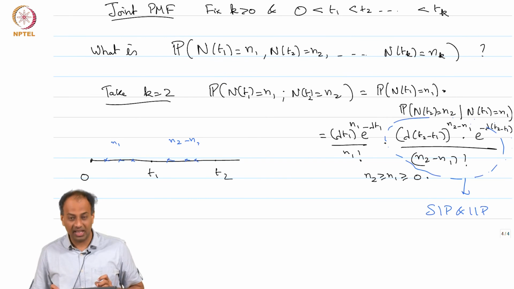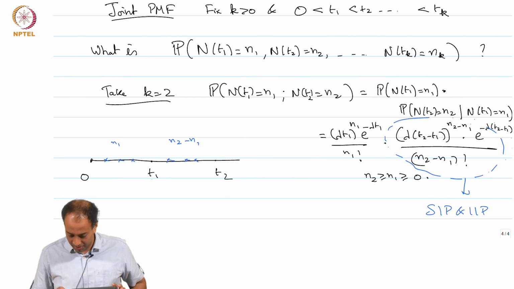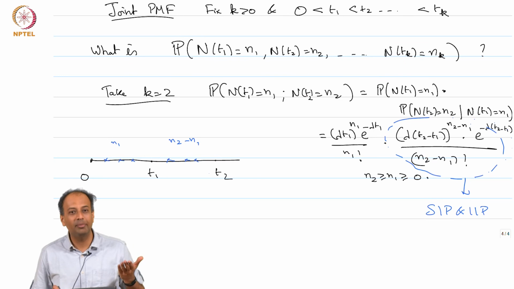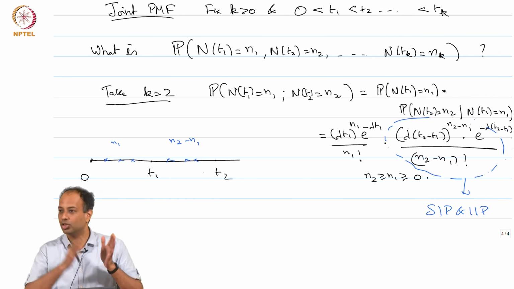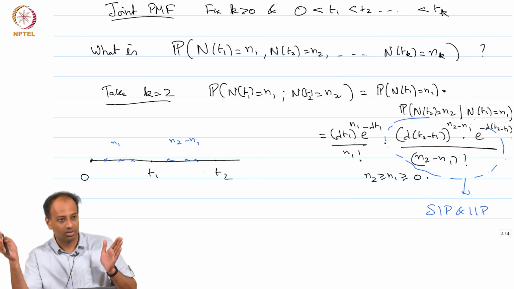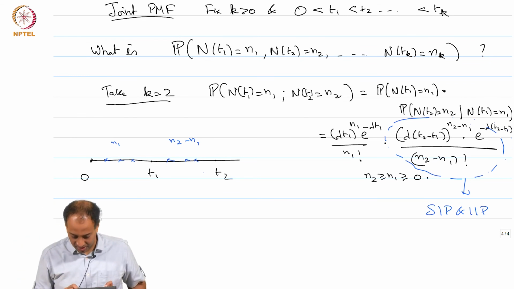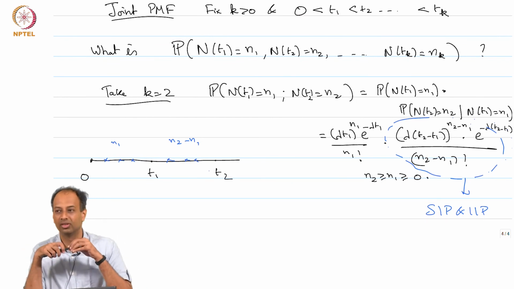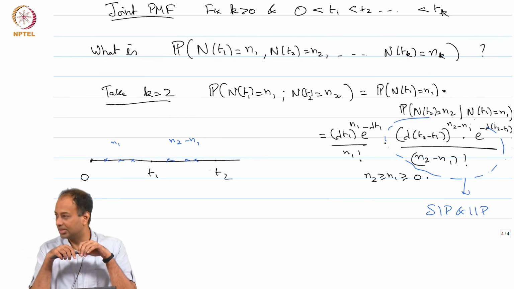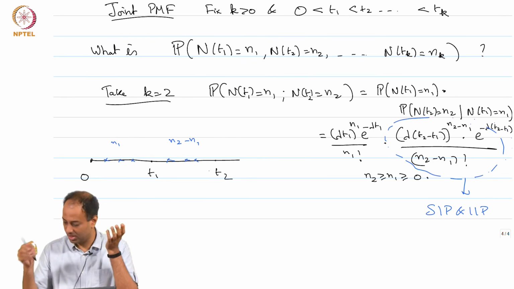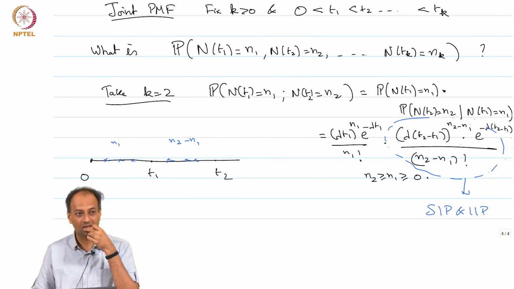By the stationary increment property, the number of arrivals in T1 to T2 has the same distribution as the number of arrivals in 0 to T2 minus T1. And what is more, given n1 arrivals in 0 to T1, the number of arrivals in T1 to T2 is independent of the arrivals that have already taken place. I am using both these things together to write this. Is that clear?